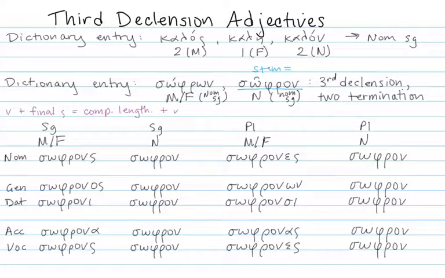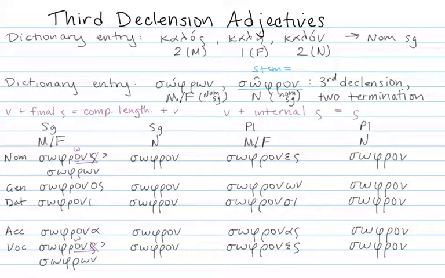So rule number 1 is the nu plus the final sigma results in the dropping of the sigma and lengthening the vowel before the nu to compensate. So that's why your nominative singular in the masculine and feminine gets the omega. But since the true stem is omicron, you'll actually see the omicron in the remaining cases for the masculine and feminine.